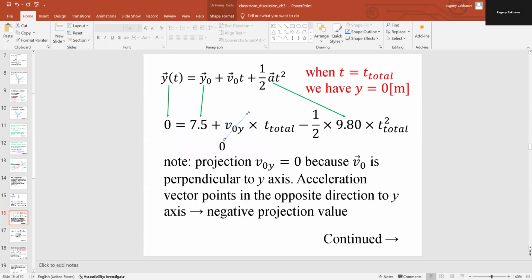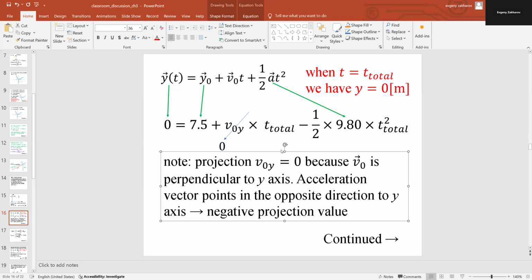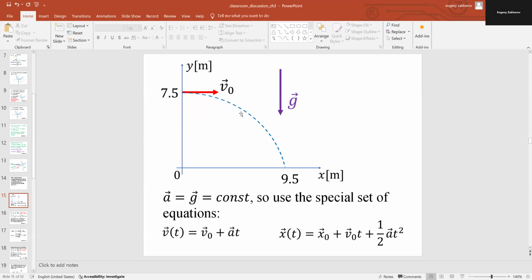That's why the y component, the vertical component of the initial velocity vector, is 0, times the total time that it takes to travel through the upside down parabola and hit the ground. So the time to get from here to there.